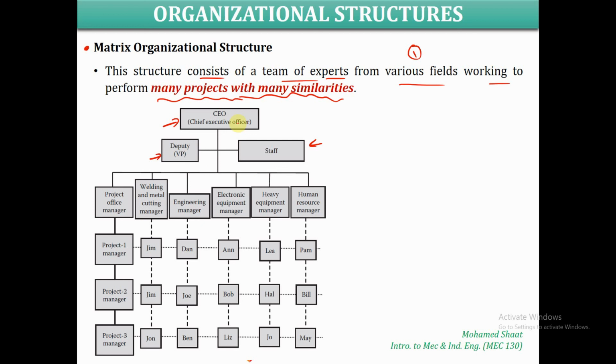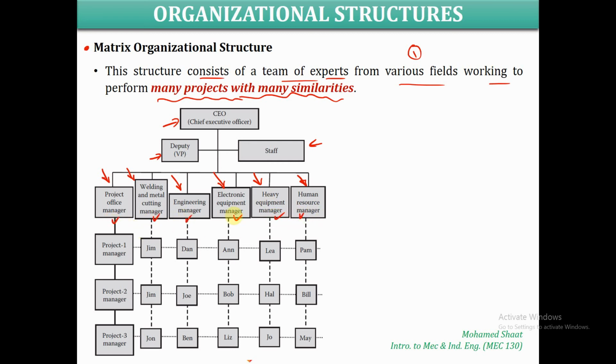So this is the upper management department or office. And then we have different departments, department 1, department 2, department 3, and so on. For example, we have the project management department, welding and metal cutting department, engineering department, electronic department, HR, which is the human resources department, heavy equipment department, and so on. And there should be a manager for every one of these departments.